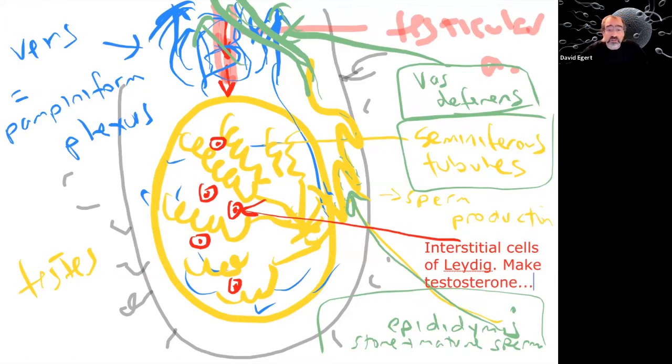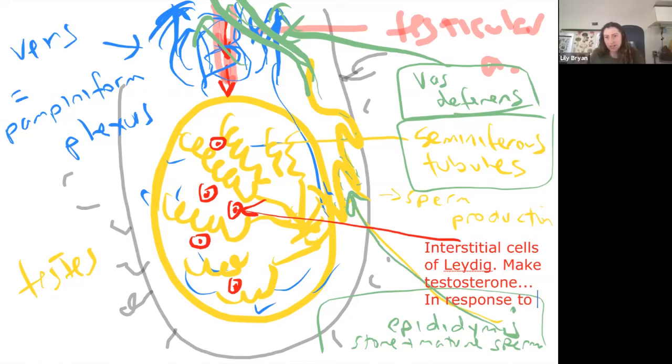What hormone is going to stimulate them to make testosterone? This is something we talked about on Tuesday. Anybody remember? Is it the luteinizing hormone?